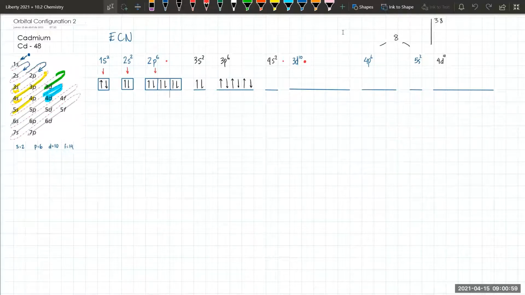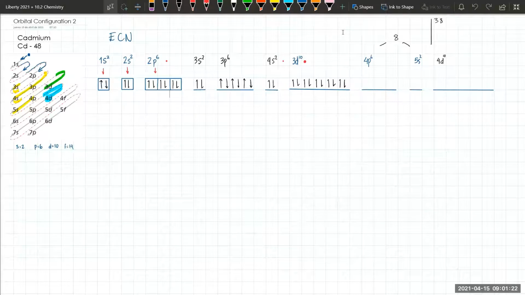I have my six arrows over there. For 4s2, the two arrows. 3d10, 1, 2, 3, 4, 5, 6, 7, 8, 9, and 10.